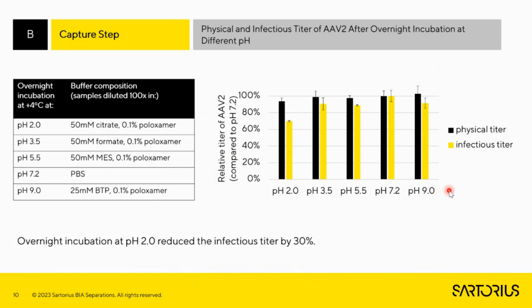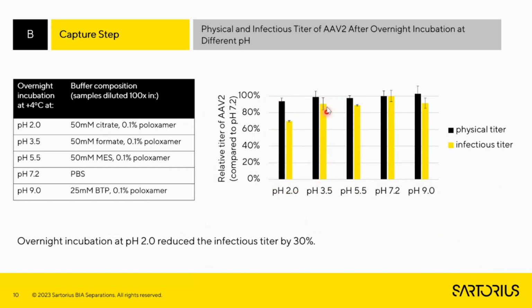So pH 9 will come later on when we use the anion exchangers for enrichment of the full capsids. The neutral stage is for the loading of the affinity material, and then the acidic pHs are for, let's say, elution on the affinity or elution on the SO3.